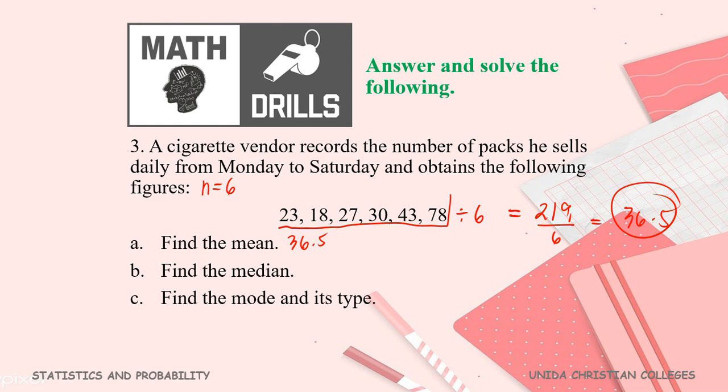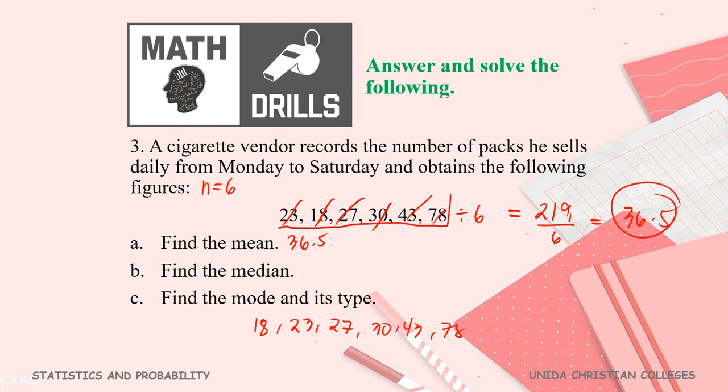Okay, next for the median po, we need to arrange it first in ascending order. So we have 18, 23, ay, no, 27 pala muna. So we have 27 and then 30. After that, we have 43 and 70.